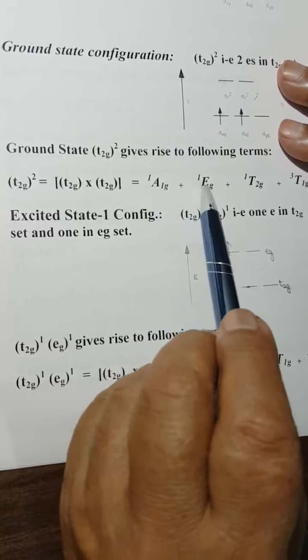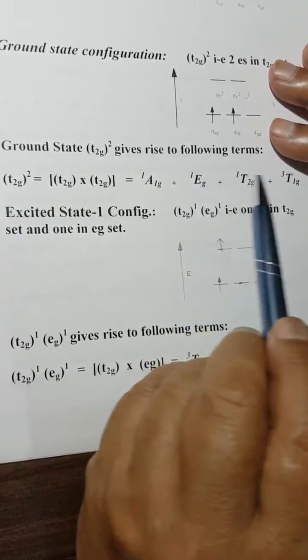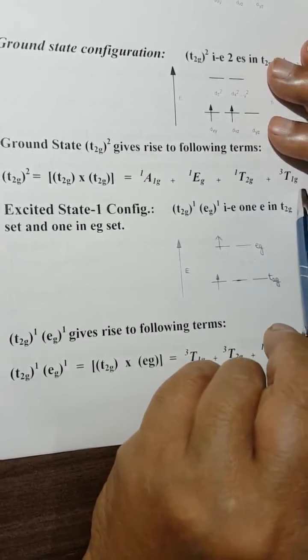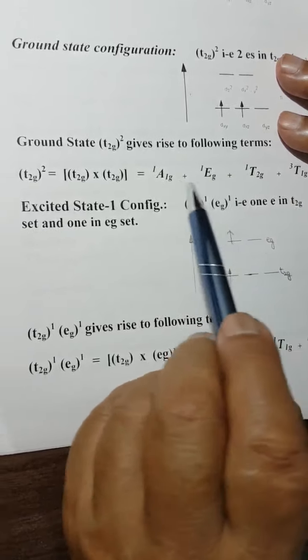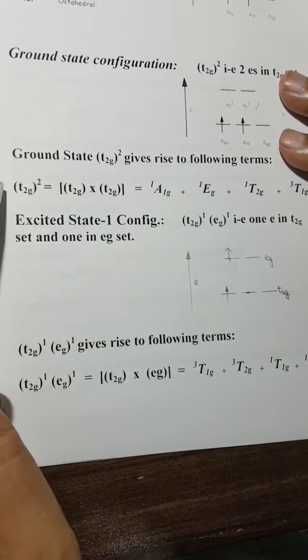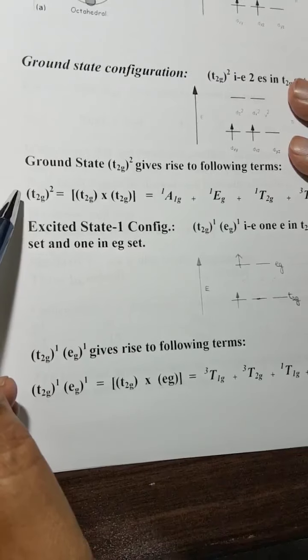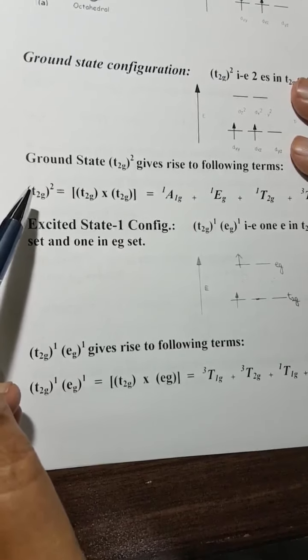These are energy states: A1 energy state, E energy, T, and all. This product is given on page 41 of the book.